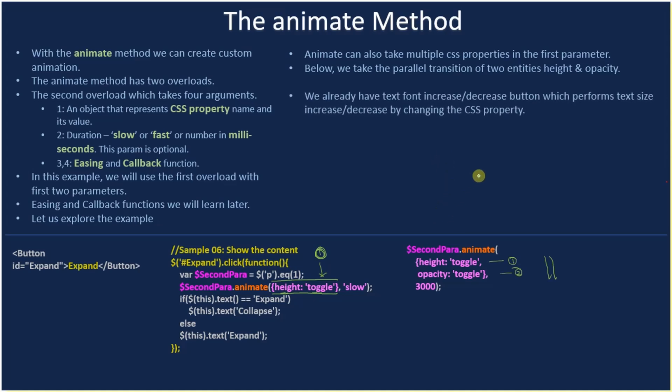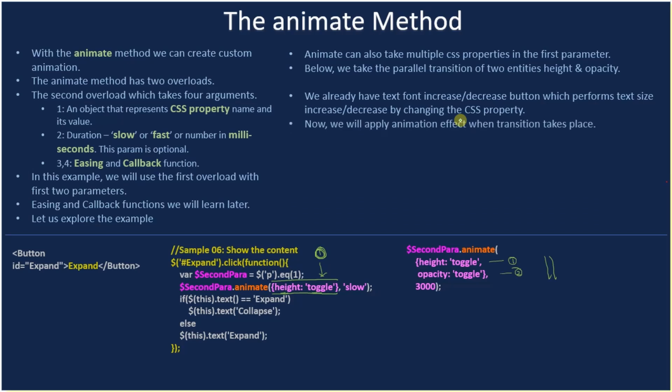We already have the text font increase or decrease button, which performs text size increase or decrease by changing the CSS property. So that's how we started the example, right? Using the plus and minus buttons, we can increase the text size and decrease it. Using the CSS method, we achieved that in the very first and second video of this sub-series.